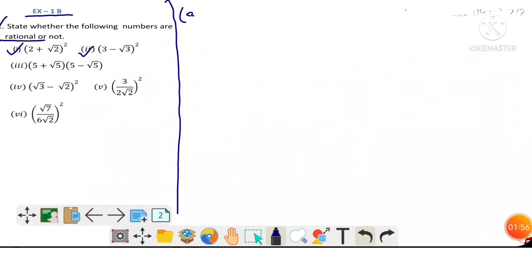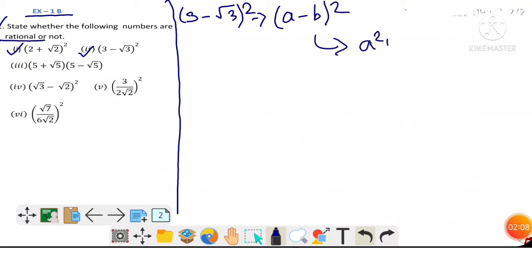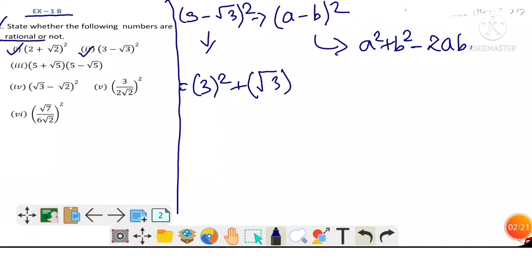Next, question number 2. 3 minus root 3 whole square. So it is also in the form a minus b whole square. It is a square plus b square minus 2ab. So the formula is a minus b whole square. So here a is 3, so 3 square plus b is root 3, so the root 3 square, minus 2 into a is 3 and b is root 3, so 3 into root 3.